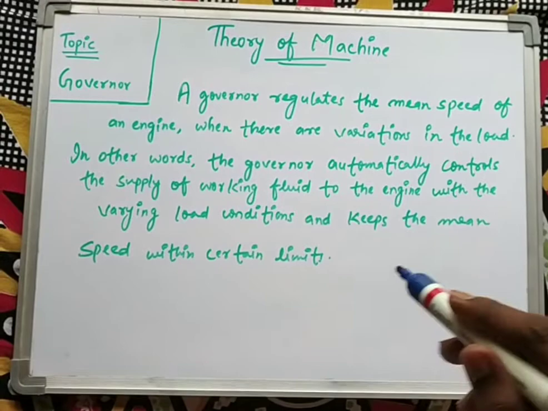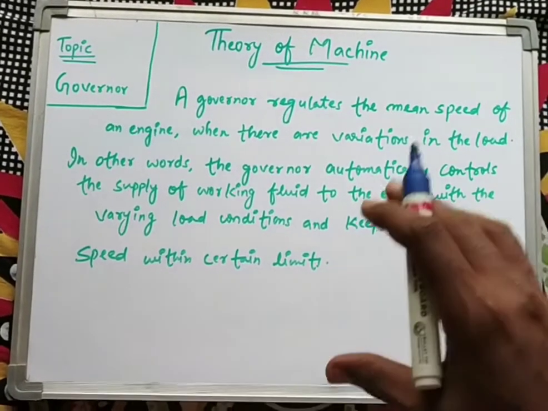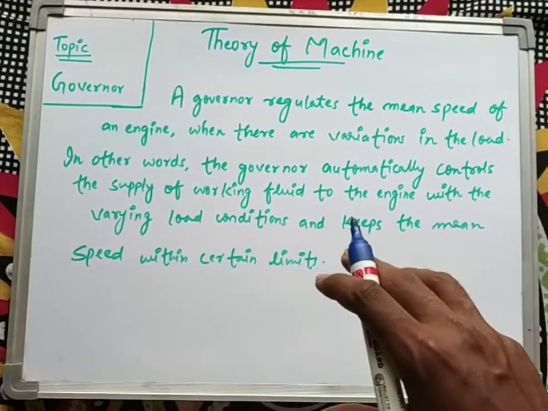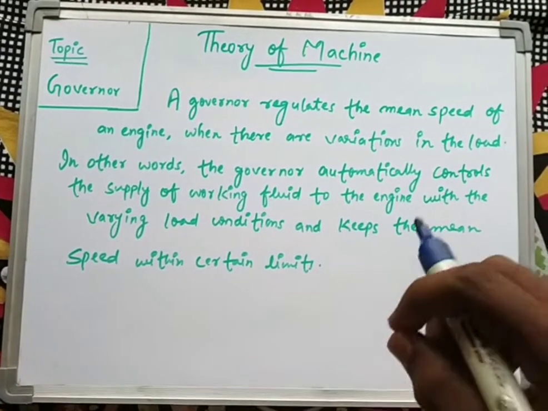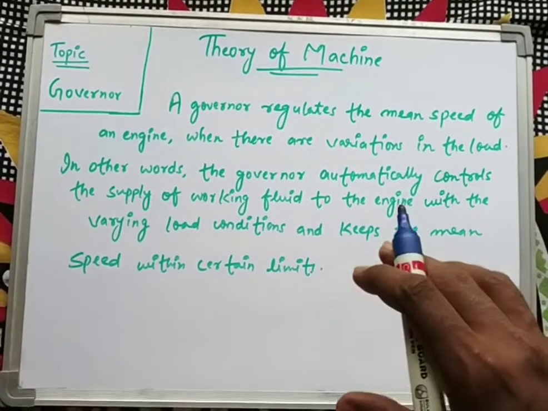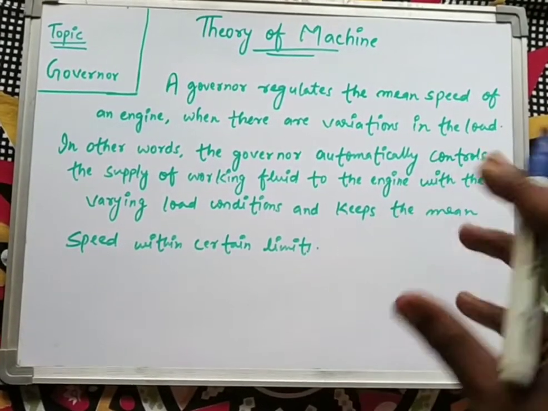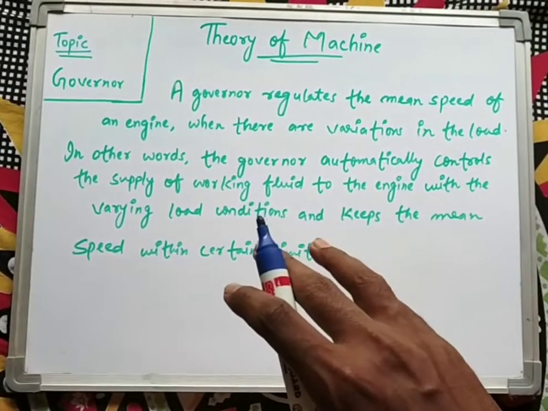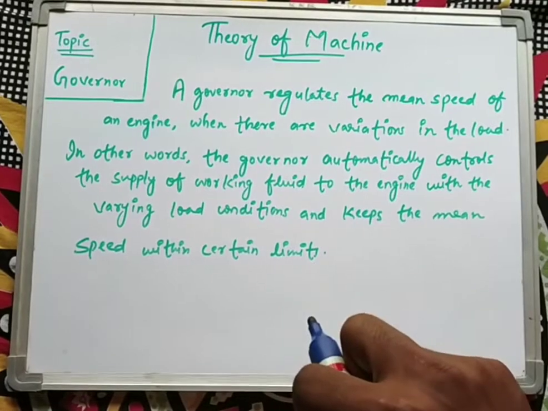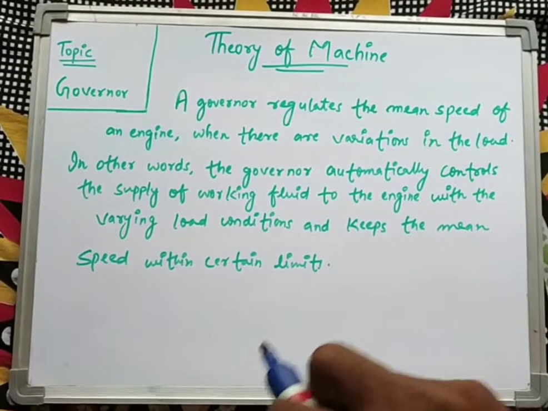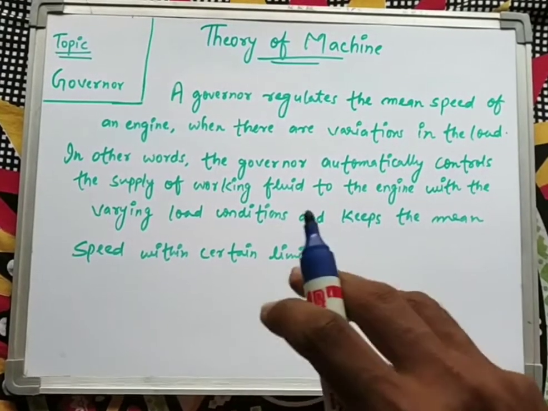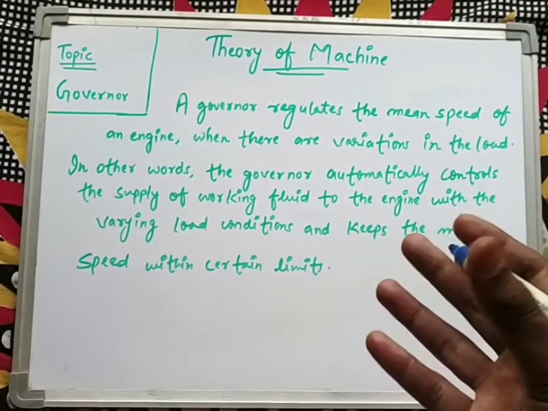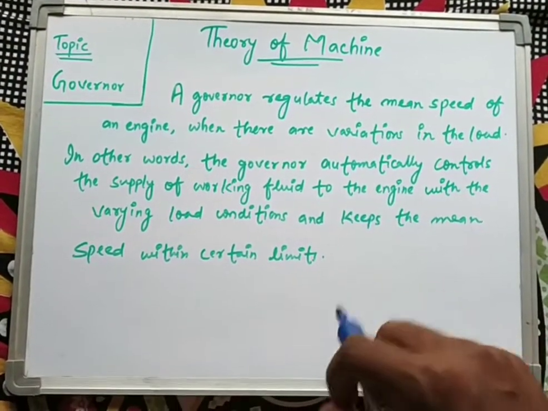That means it supplies the working fluid, and through that supply it controls the varying load condition and keeps the engine at a mean speed so that abrupt changes can be controlled in some way.